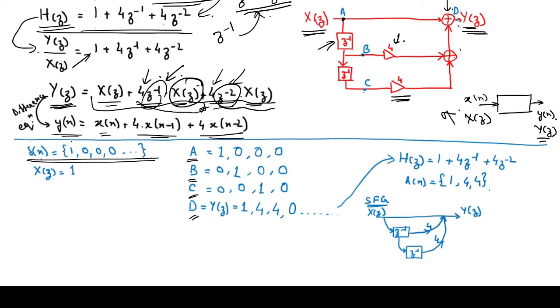When n is equal to 0, at A it is getting a value of 1, right? What will be the value at B? Previous instance, nothing. B is 0. Again C, two instances before, again 0.